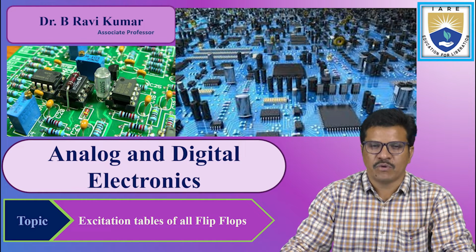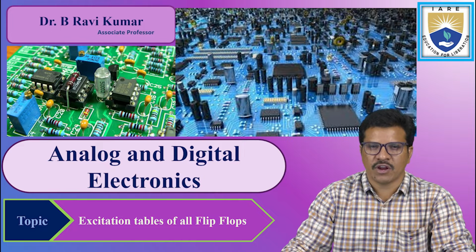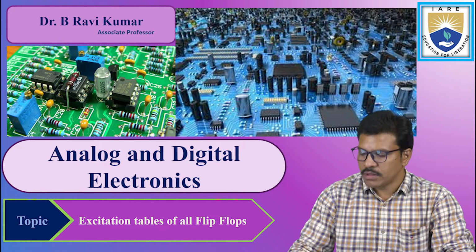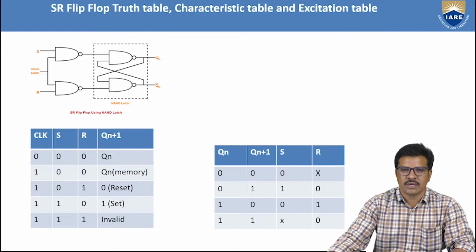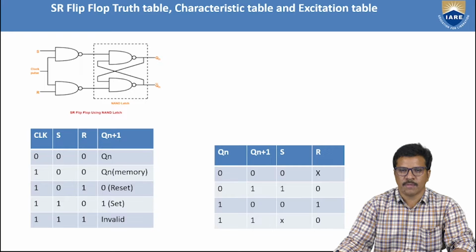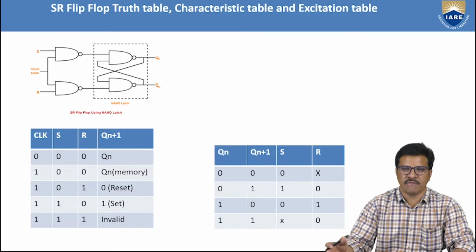With the help of the truth table, we understood the behavior of the flip-flops. Now we will move a step further. Flip-flops are not only understood by the truth table; we can have different types of tables which help us understand flip-flops and the conversion between them.